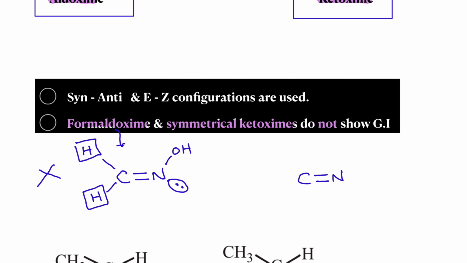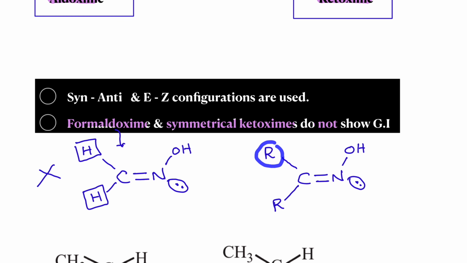In case of symmetrical ketoximes, this is the ketoxime structure we are writing. Symmetrical ketoxime, which means both are same alkyl groups. These two groups are same. Both can be methyl groups, otherwise both can be ethyl groups, whatever it may be.